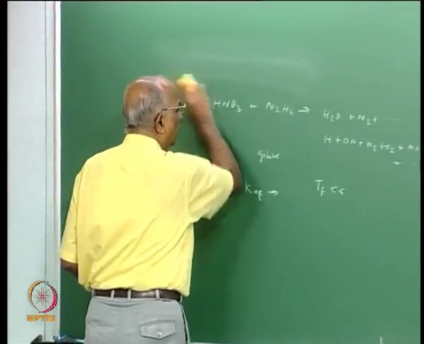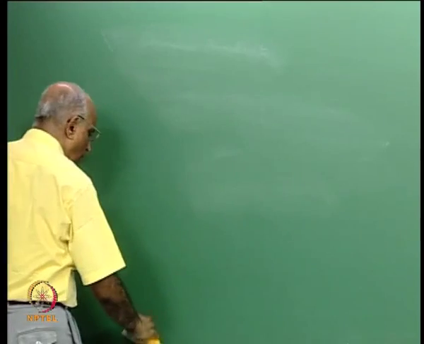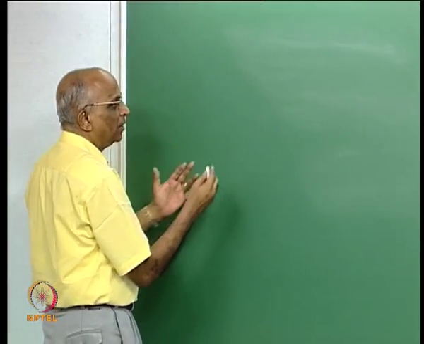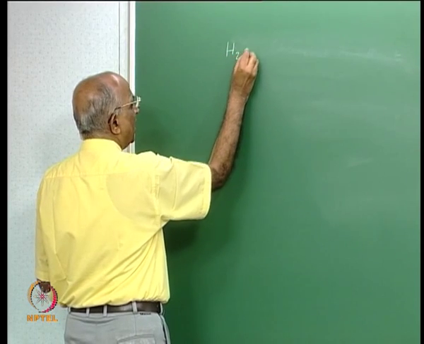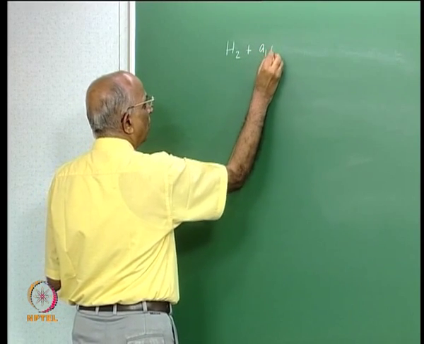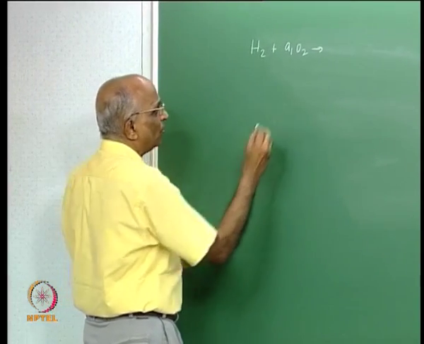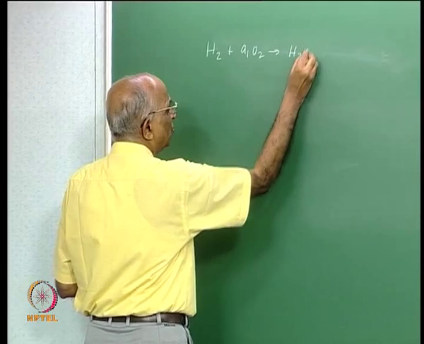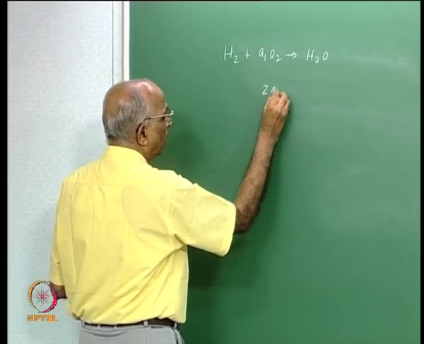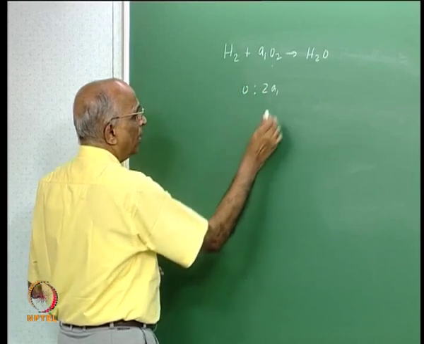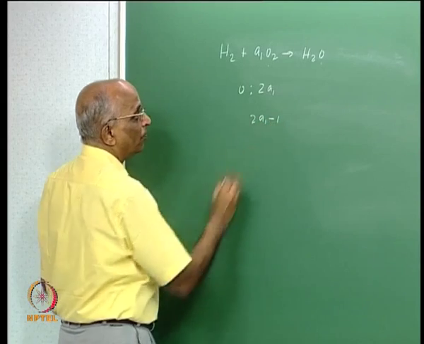and based on this, if we keep working with this, we find that the total number of products which we form is not very different from the stoichiometric. Let us take that same reaction again. We said H2 plus A1 O2, if it is stoichiometric combustion, complete products of combustion would have been formed, therefore I would have got H2O plus, I had 2 A1 of O, I have consumed 1, I am left with 2 A1 minus 1.